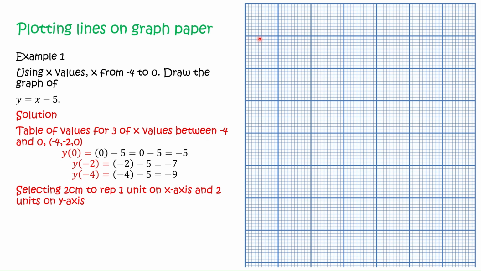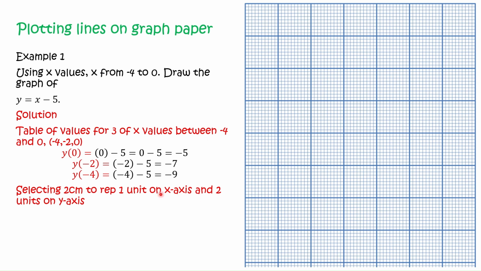On the x-axis, it would still fit with the x values that we have, but why squeeze our work when we can actually make it 1 unit for the x? So for the x, if we go from -4 up until 0, we can fit the scale there. So 2 centimeters will represent 1 unit on the x-axis. However, on the y-axis, we might have a challenge a bit. So let's use 2 centimeters to represent 2 units, because for the y, the scale is a little bit wider.